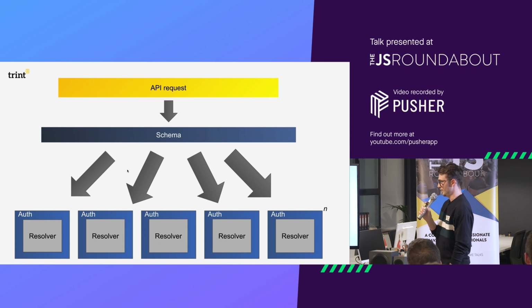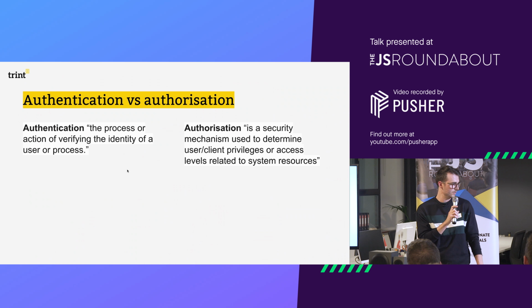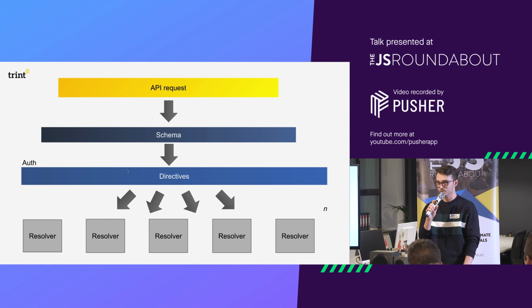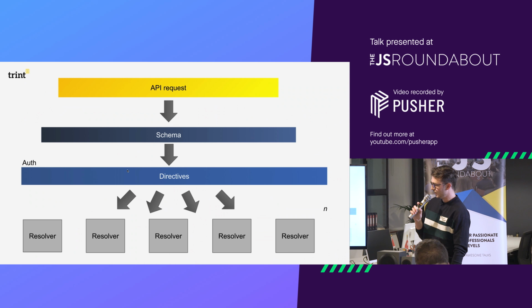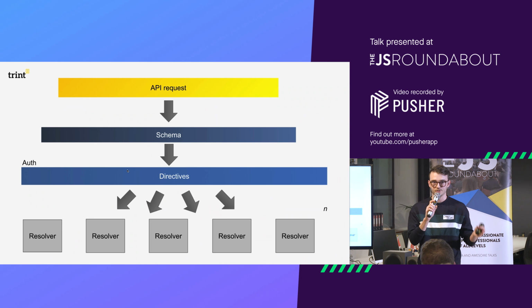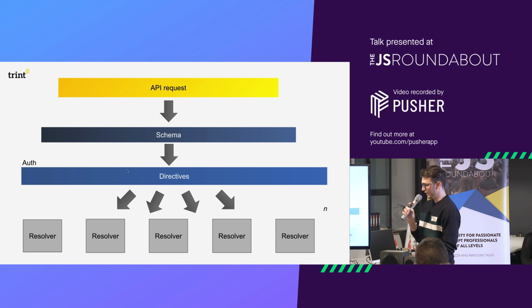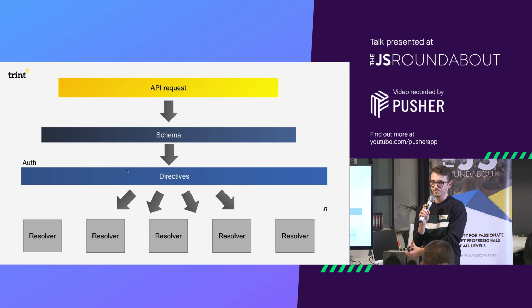So we moved to schema directives, and what that looks like is a bit like this. We moved our auth away from our resolvers, so they're concerned with just getting data. I'll explain what a resolver is in a second as well, I'll give an example. And we moved it into a directive. So all of our auth is concerned inside this directive in one place.